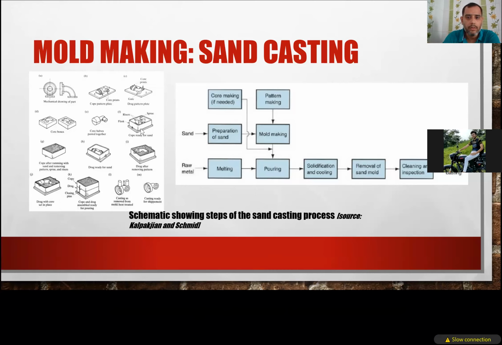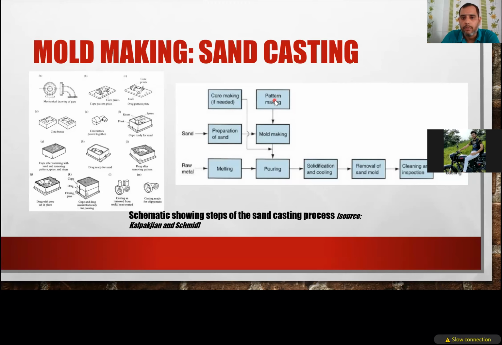This figure shows the steps involved in the sand casting process.